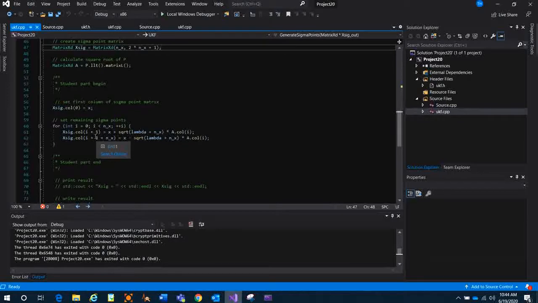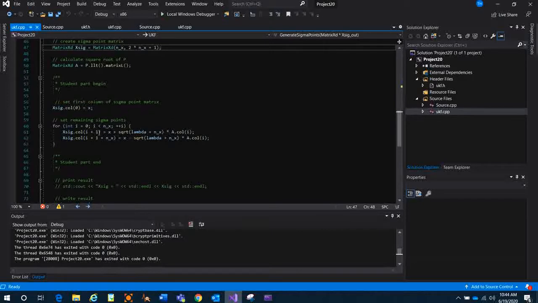And what about the other columns, the other sigma points? We run the for loop with plus 1 for each other column: 1, 2, 3, 4, 5, and 6, 7, 8, 9, 10, 11. So we have a total of 11 columns, right?